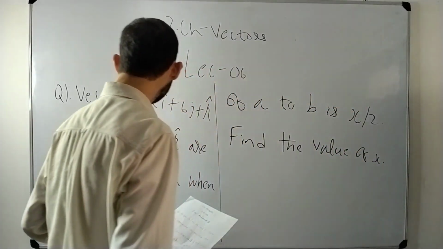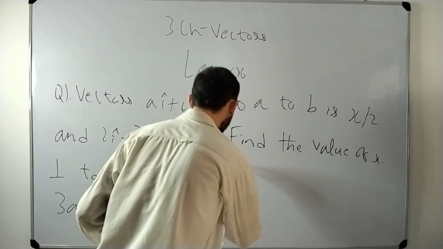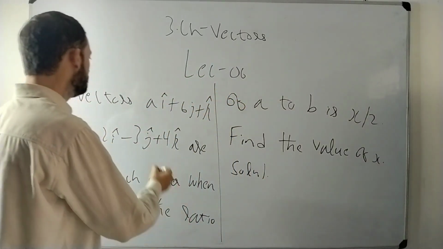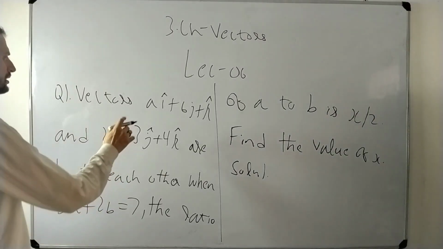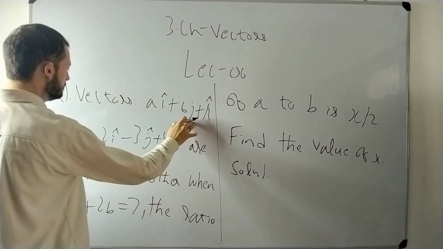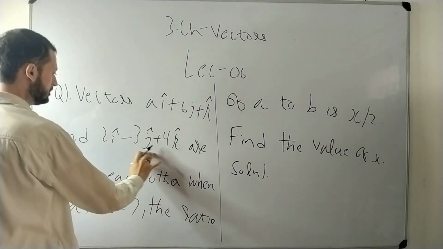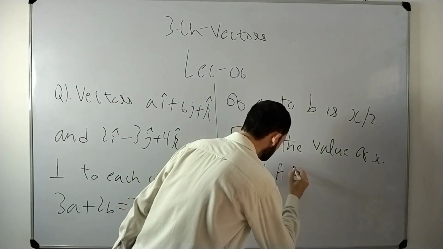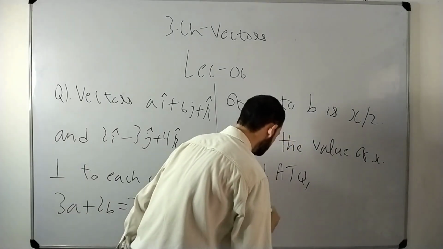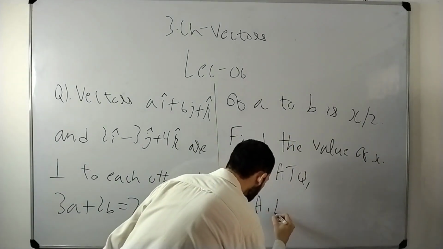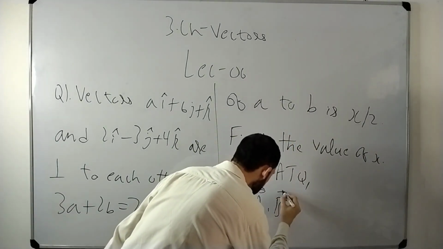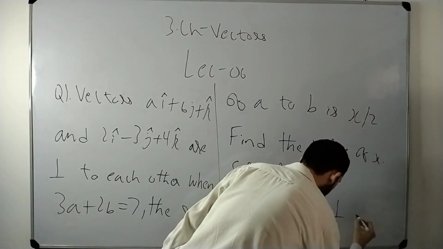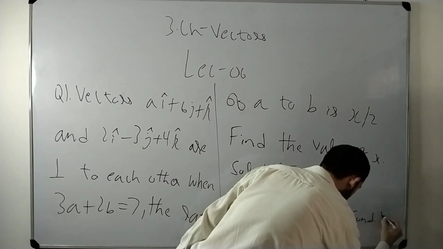Okay students, so let's see our question. What could be the answer of it? Two vectors are given. This is A vector I am taking, capital A, and this is capital B vector. Then according to the question, A dot B must be equal to what? 0, perpendicular condition, right students?